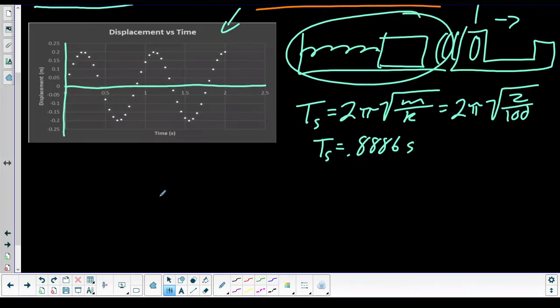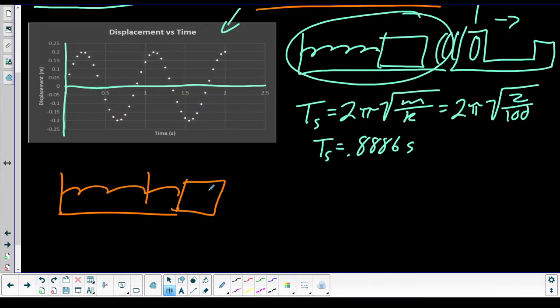In this, when our system is stretched, so here's equilibrium, here's the max. When it's stretched, and this is at rest, it's gone out, it's slowing down, it stops right here, and it starts to come back. Here, all of our energy is tied up in potential energy of a spring.